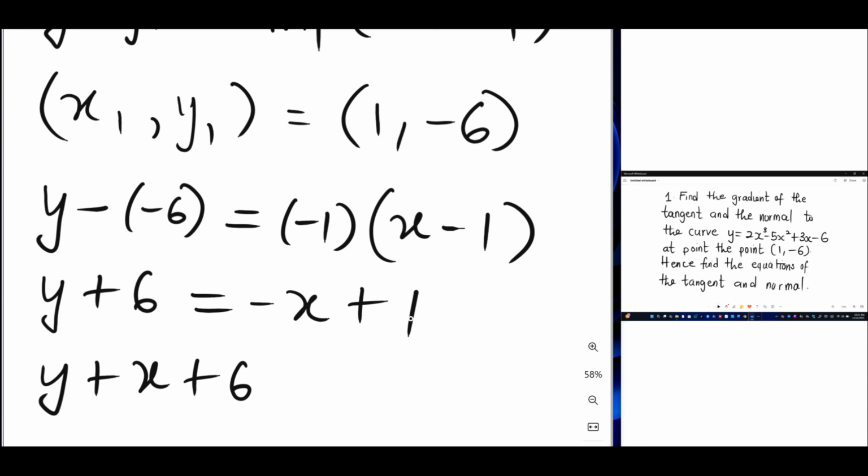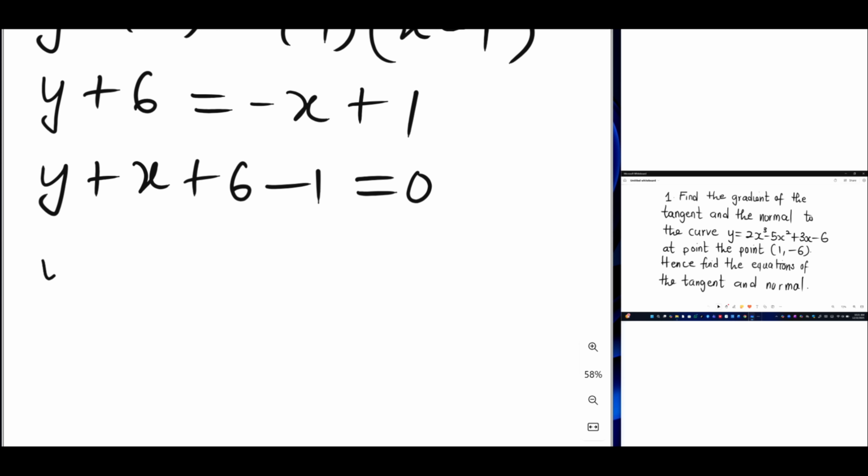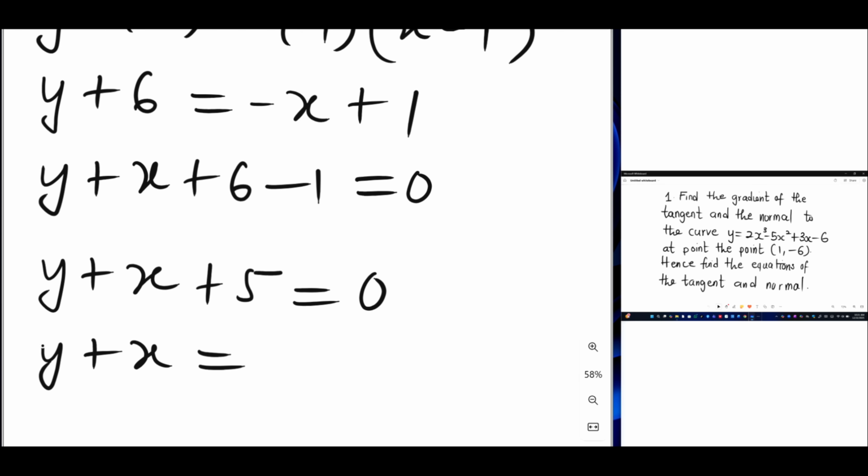Then we transpose the 1 too, so we get minus 1 equal to 0. So we get y plus x plus 5 is equal to 0, or you can equally write it as y plus x is equal to negative 5. All right, so this becomes the equation of the tangent.